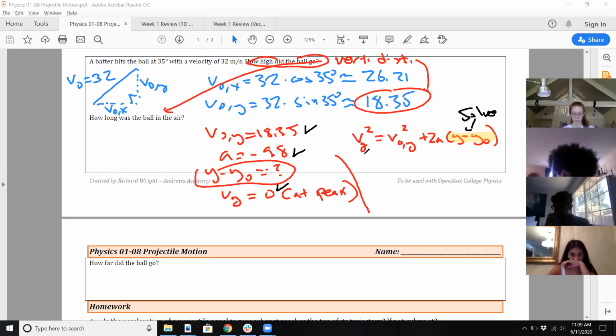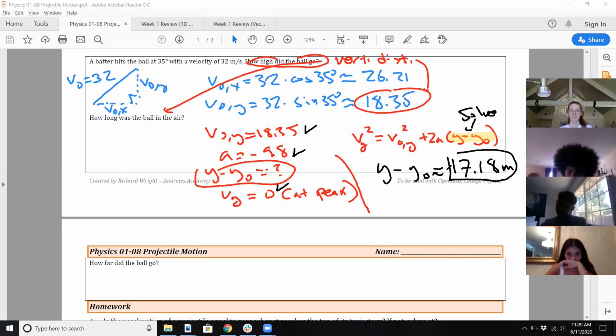And I have to do 18.35 squared divided by 19.6. Did anyone get this as their answer? Yes, no? Okay, good. I'm seeing some nods of approval.